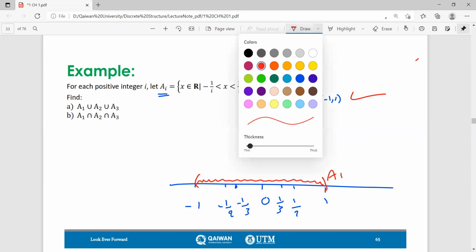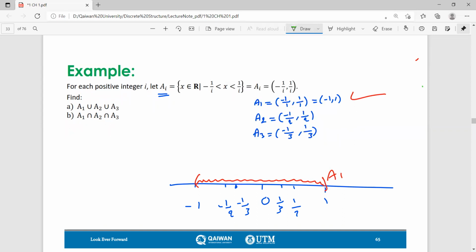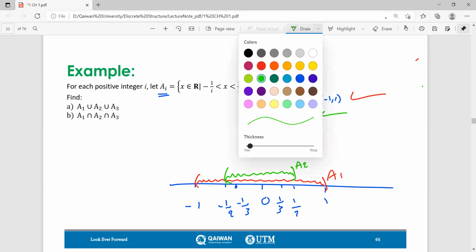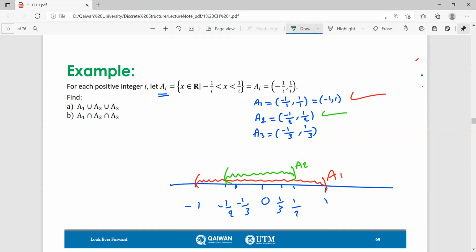And A2 is from -1/2 to a half. This is A2. And A3 is from -1/3 to 1/3.